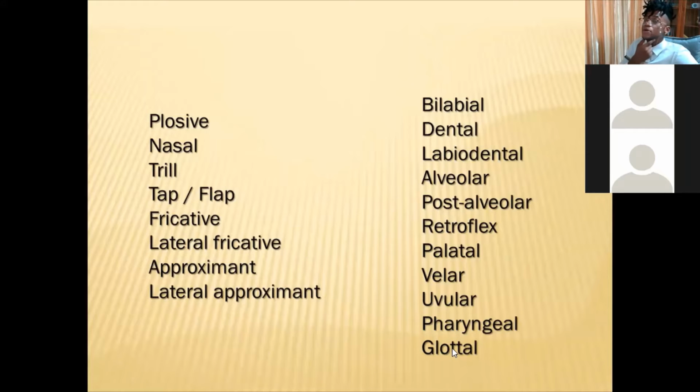And glottal refers to the trachea, or the throat. Some sounds are produced right here in the throat. So the H sound is referred to as a glottal, because it's produced right here.